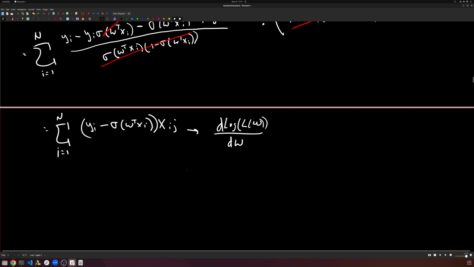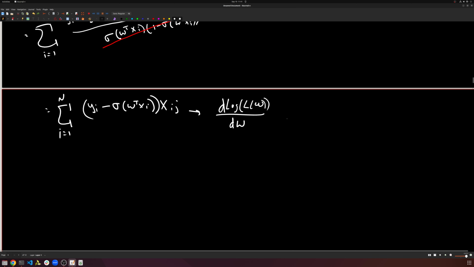Now a problem, right? And this is why gradient descent is so important. What we haven't done is take this and set it equal to 0. If we set this equation equal to 0, there's no way to solve for w, not that I know of.